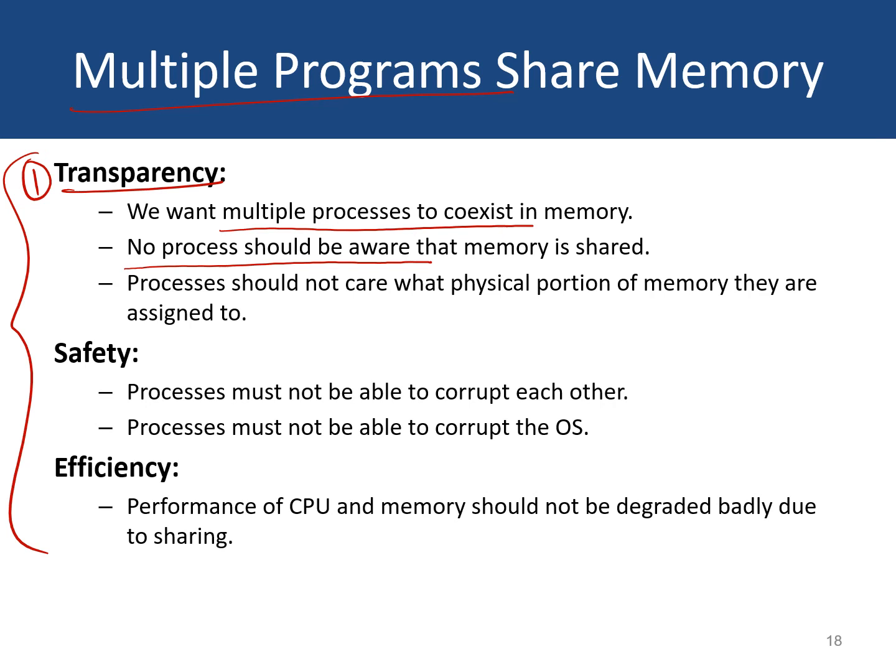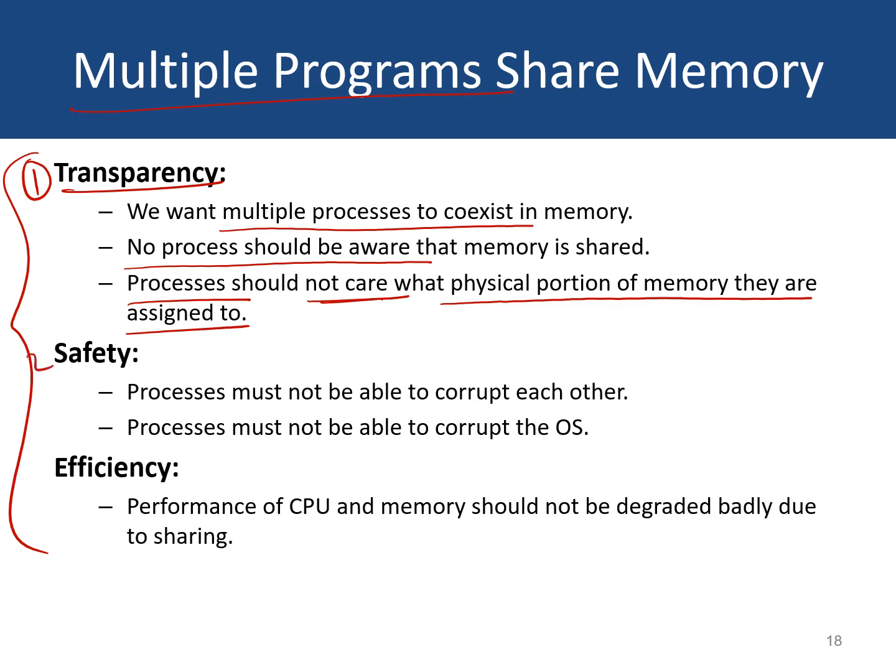And transparency also means that a given process should not care what portion of the physical memory it is assigned to. So essentially the actual physical addresses where a given process is located should not affect the program logic or program execution.